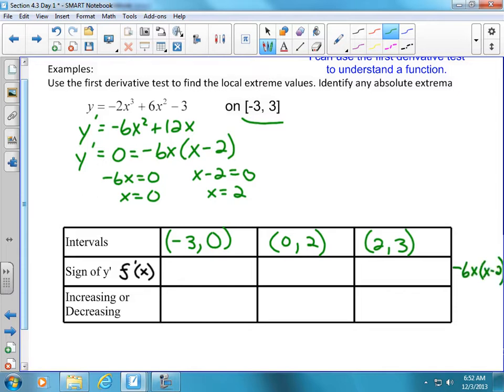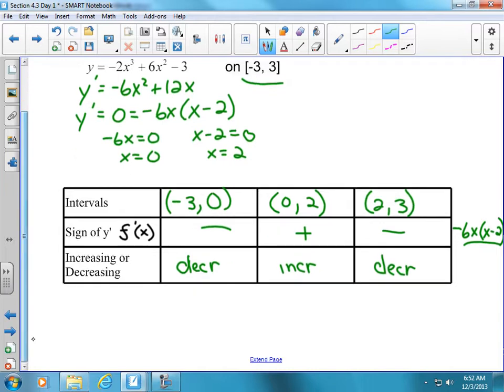Maybe that form is easier for you to plug in. We have a negative here, it's positive here, it's negative here. You have to plug numbers in these intervals into the derivative equation to find the sign. That means this is decreasing, this is increasing, this is decreasing.